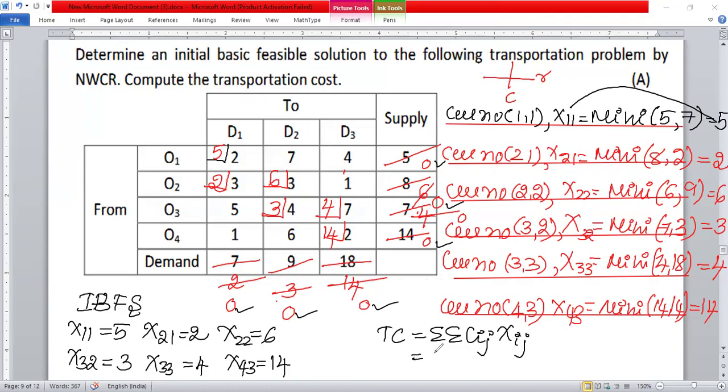This into this. So 5 into 2 plus 2 into 3 plus 6 into 3 plus 3 into 4 plus 4 into 7 plus 14 into 2.